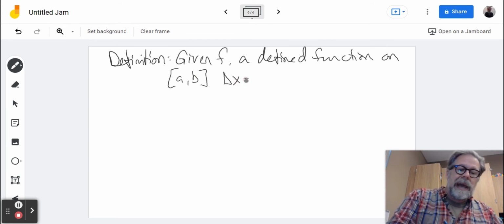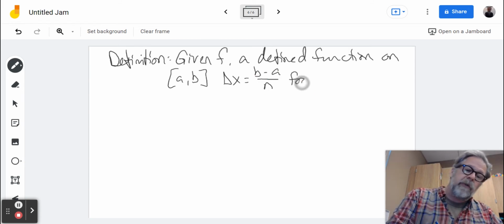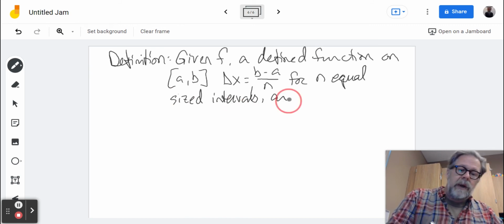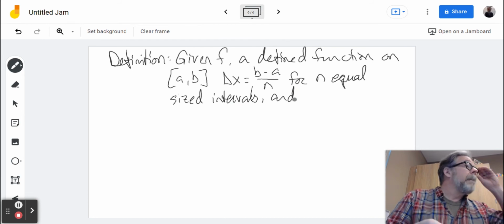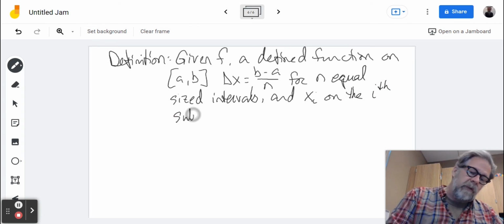The change in x is b minus a divided by the number of rectangles, for n equal sized intervals. And x sub I is some point on the ith subinterval.